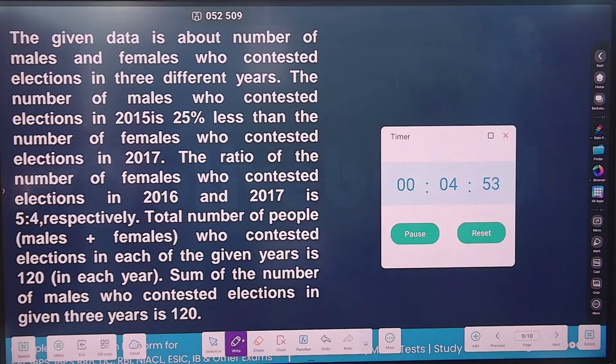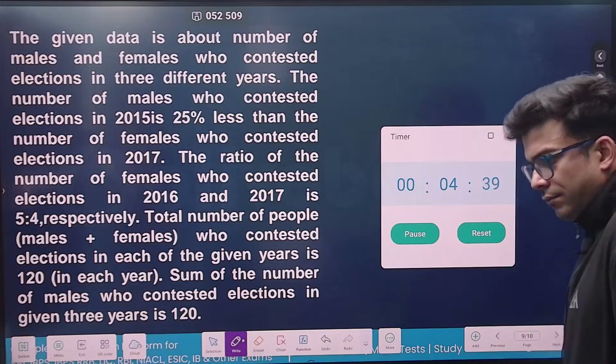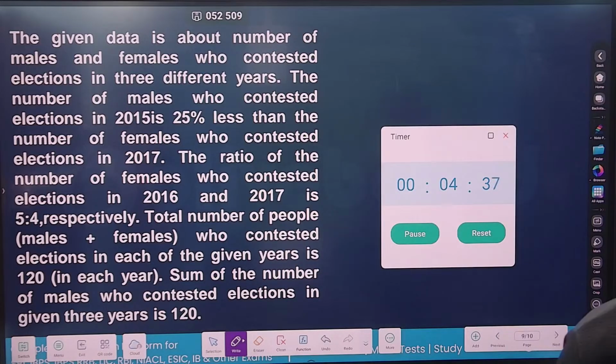I have given you 5 minutes so that you can solve the question. Please, come on, solve.